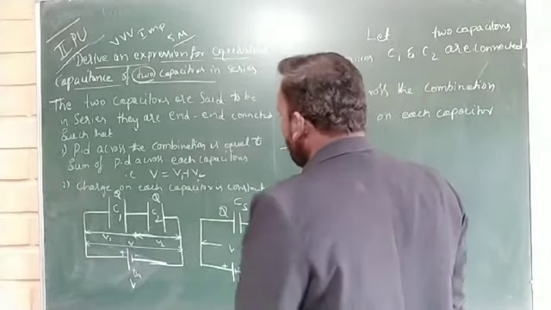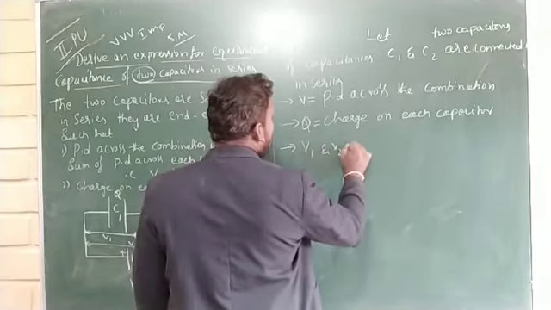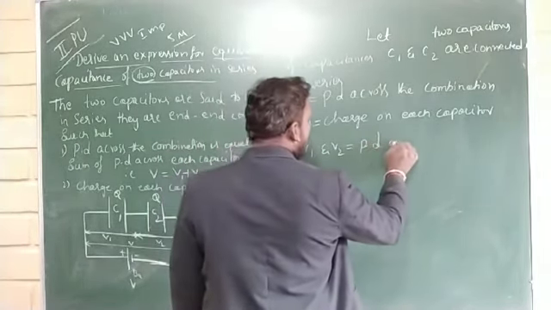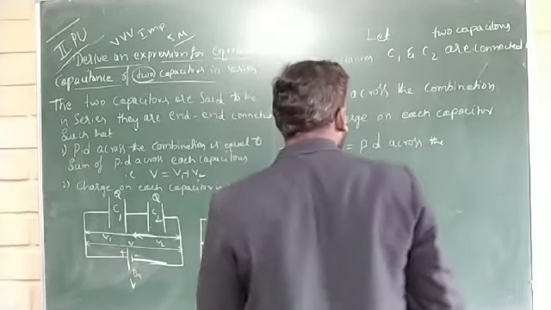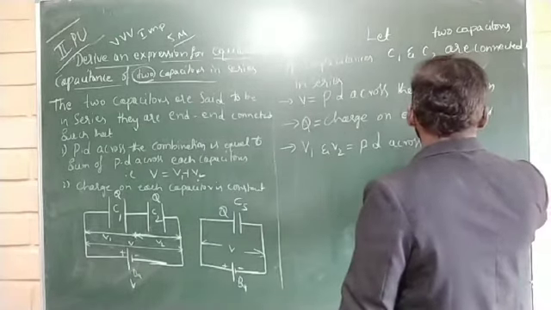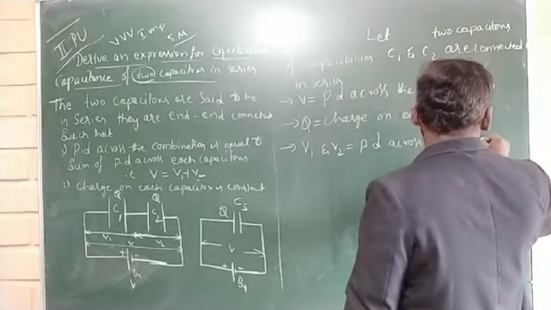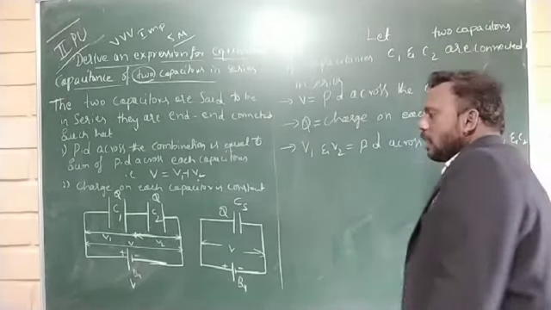Next, V1 and V2 be the potential differences across the capacitors C1 and C2 respectively.